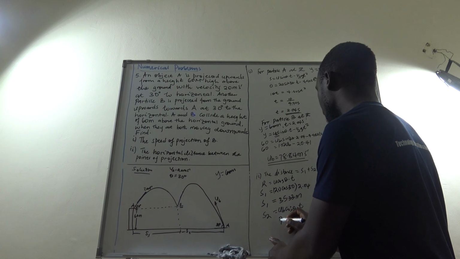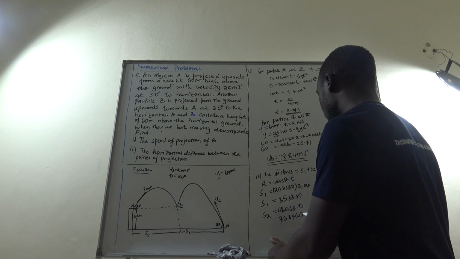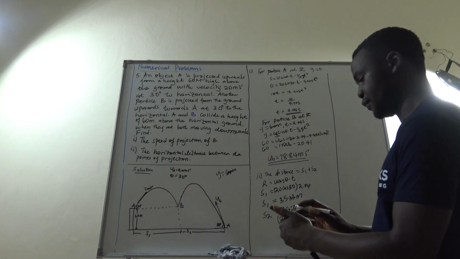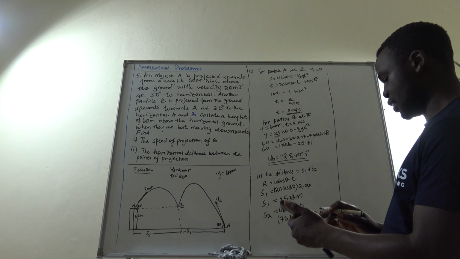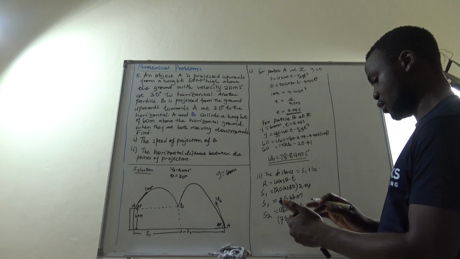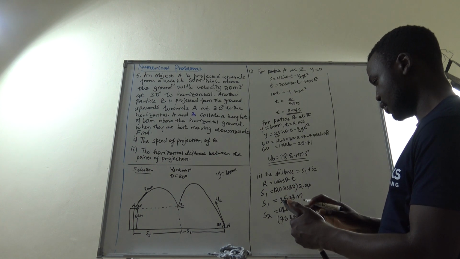Then S2 should be equal to u_B cos theta times t. u_B was found to be 78.4 cos 30 times 2.04. So I also compute this.